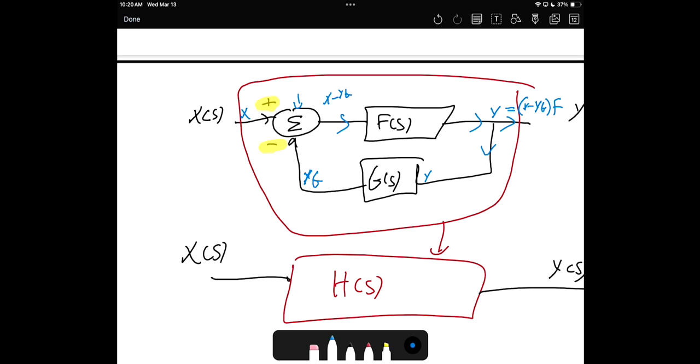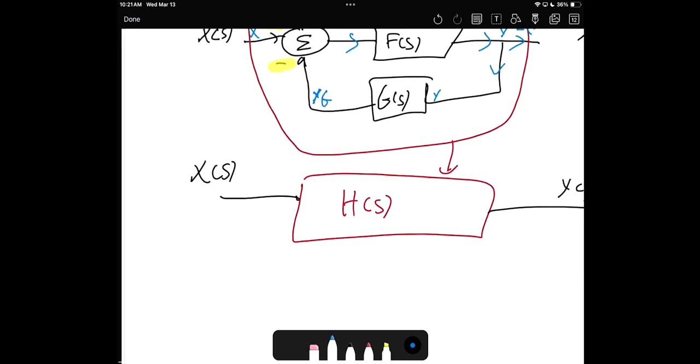All good? After that, since my target is to go back to y, it will be x minus yg times f. Because here this is a product, then I'm back to y. I'm trying to go through a loop. Start from y and go back to y. So we end up having y is actually the same as x minus yg times f. Okay, does this make sense?